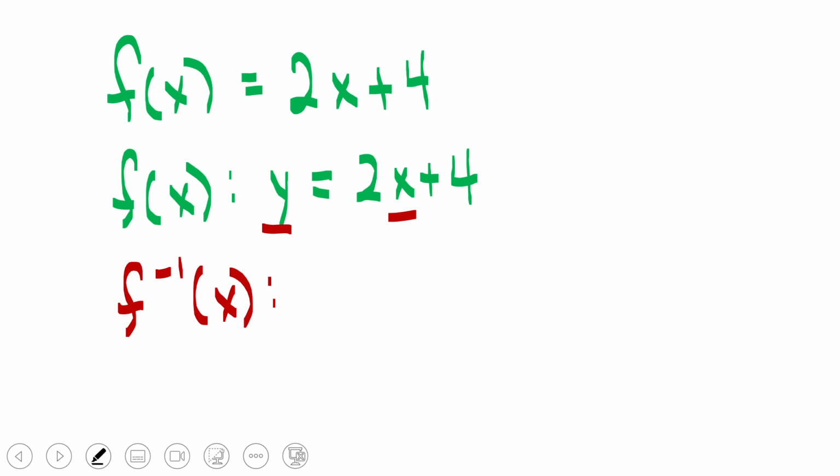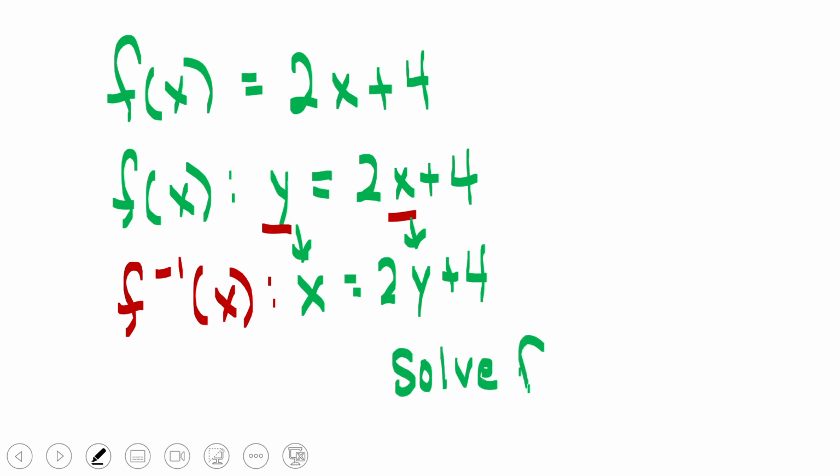So we're going to do x for y and y for x, and then solve for y to find the inverse. I'll let you do that work as you are looking in your book on page 339 in example 2, to solve for y and find the inverse.